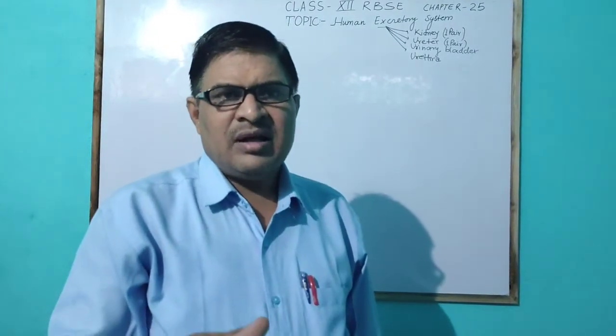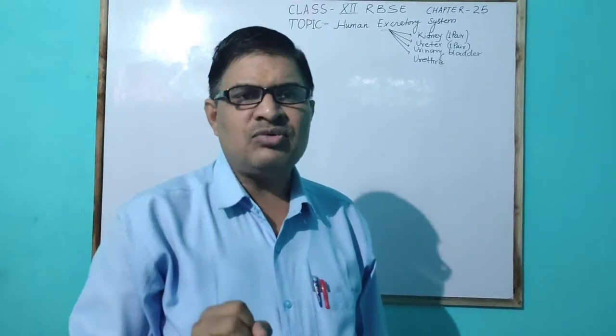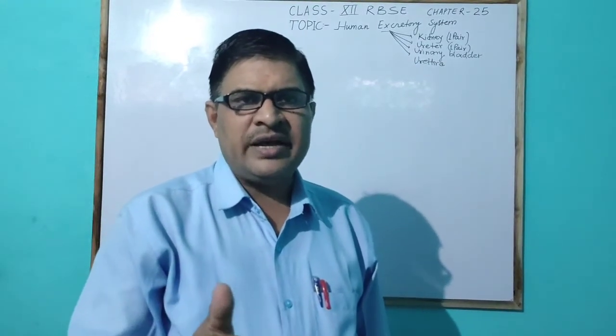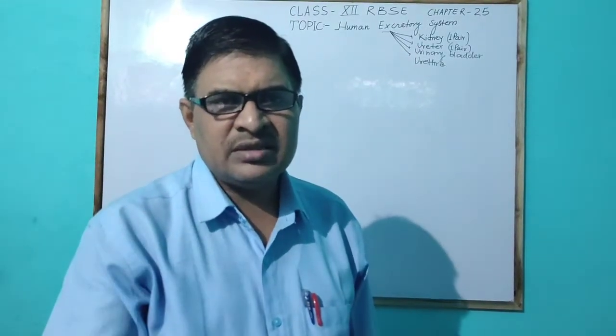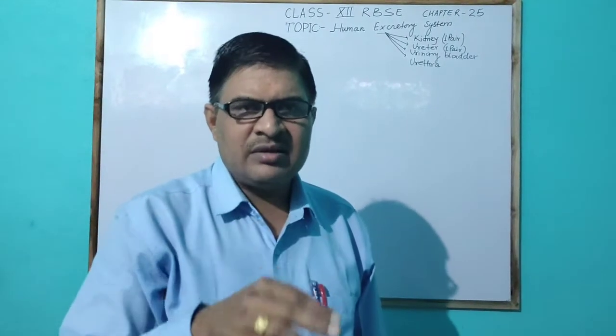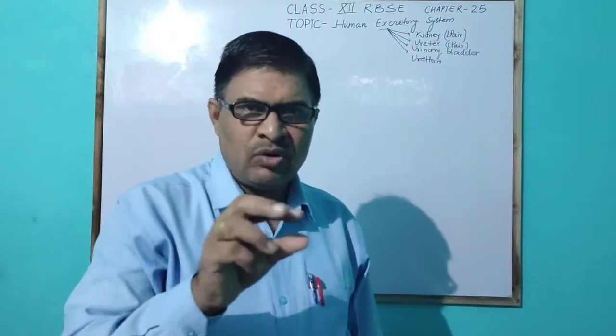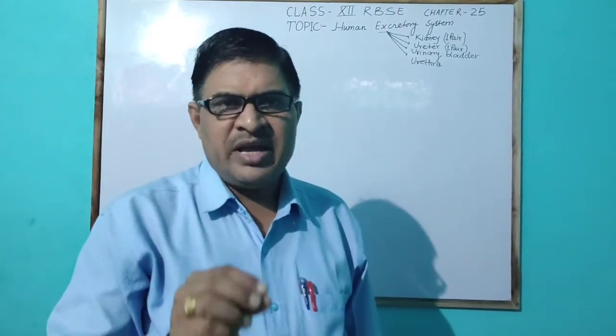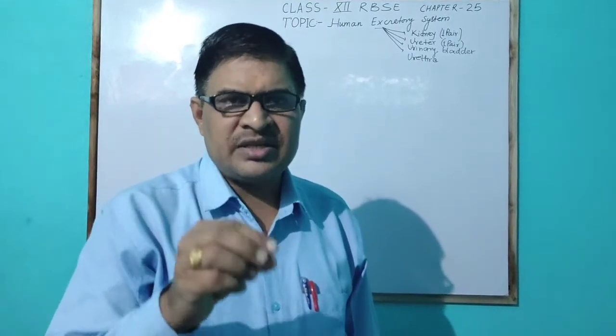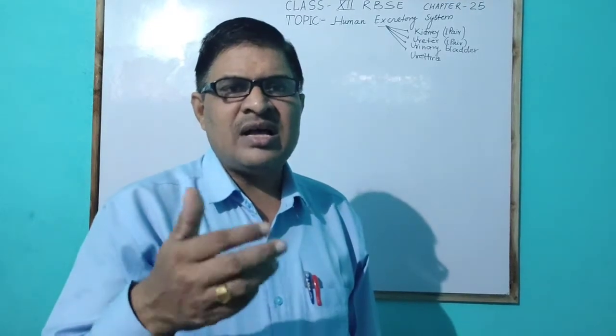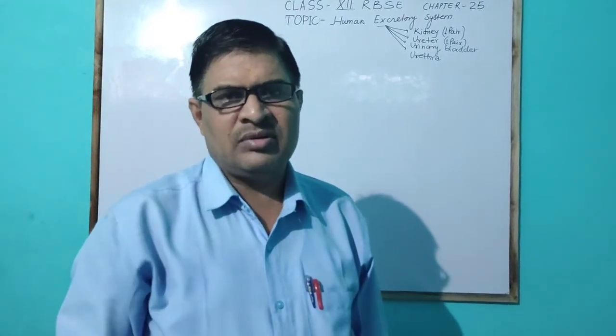The kidney has two parts. The outer part is called the cortex and the inner part is called the medulla. In the cortex, many unit structures called nephrons are found.